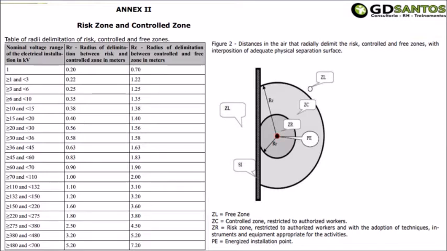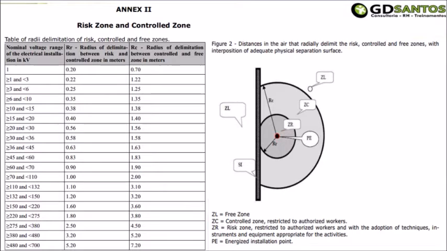The free zone is liberated for all the workers to pass by, to stay, or to see what's going on. But the controlled zone is restricted to authorized workers.